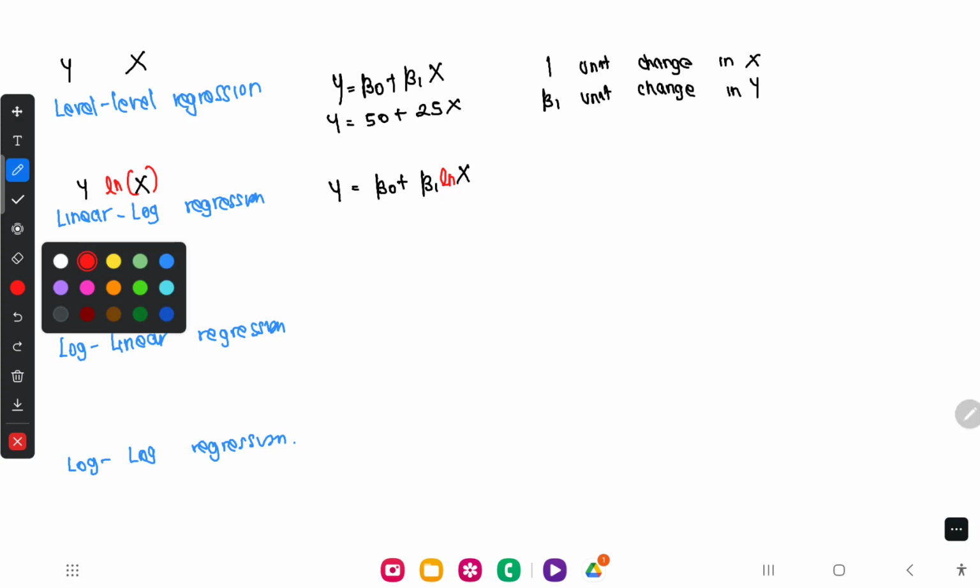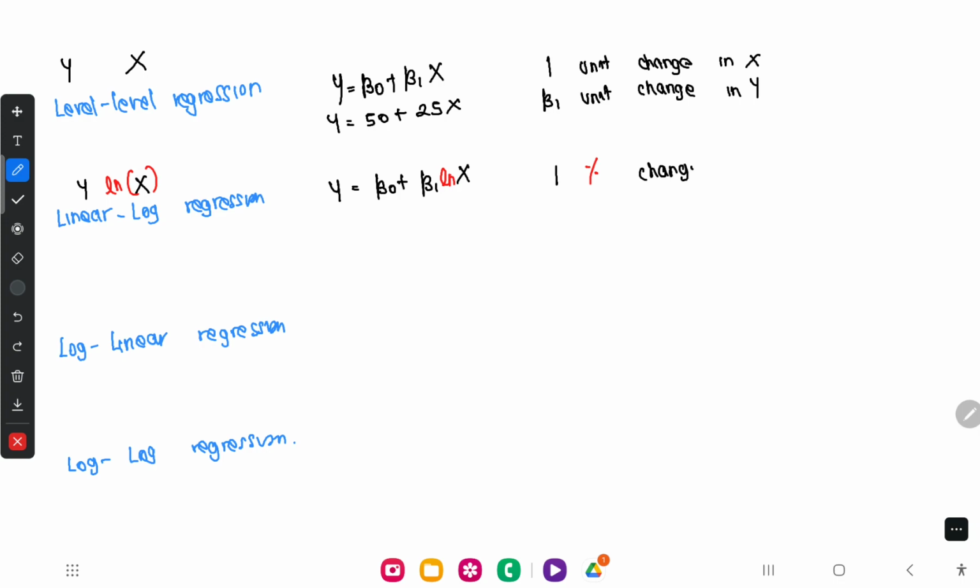If so, how you interpret is: 1 percentage change in x. Why are we saying percentage change? Because we are applying the log to x.